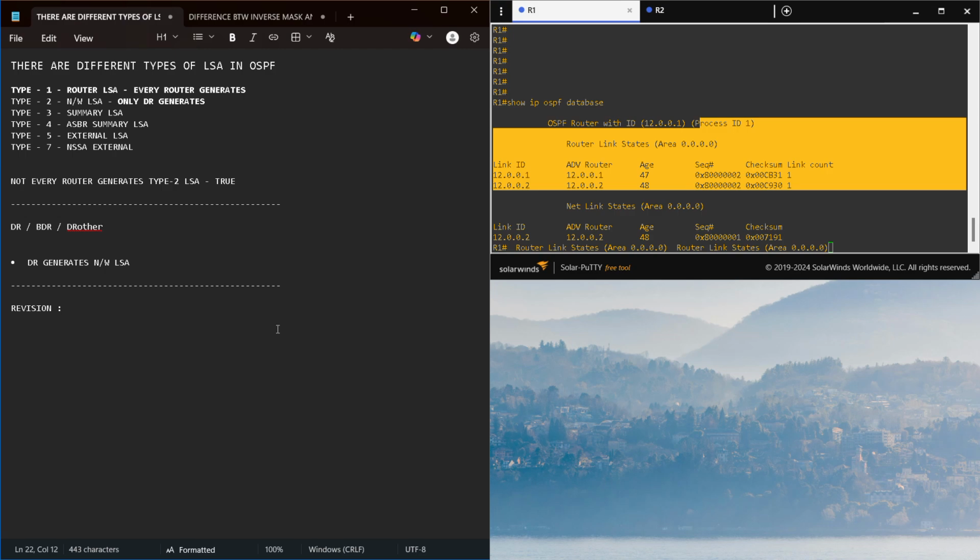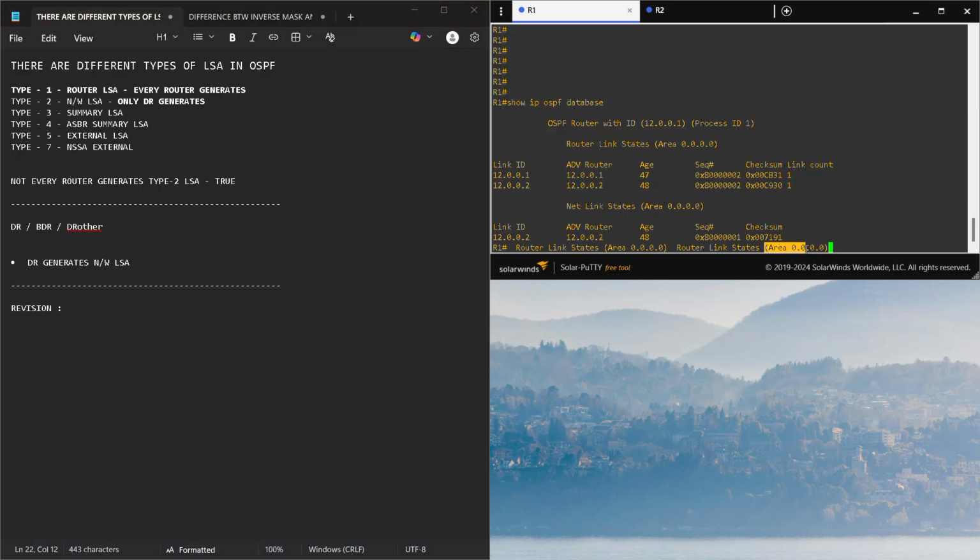After that, we used to give network along with the network address. And after that, we used to give the inverse mask. Thing to note, inverse mask, not our IP, not our subnet mask. Along with that, we used to give area, and after that, what the area is. Let's suppose we are giving 0, so we will give 0.0.0.0. That says we are operating in the backbone area, or area 0.